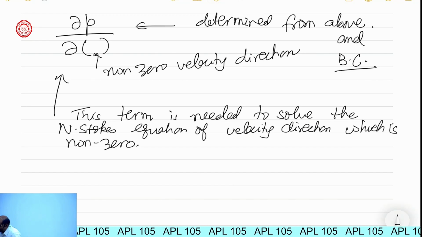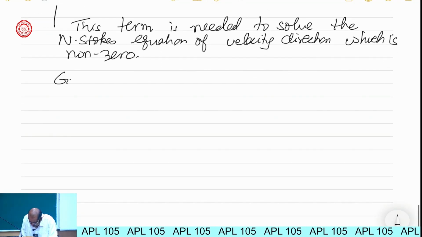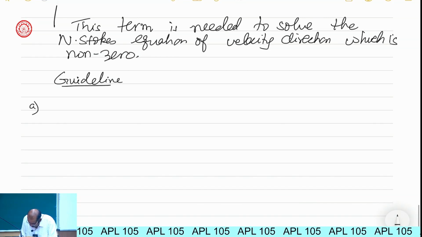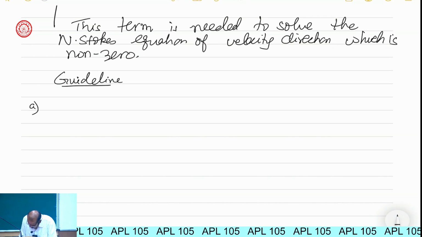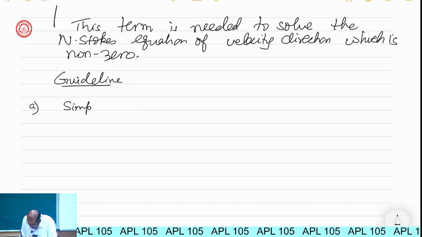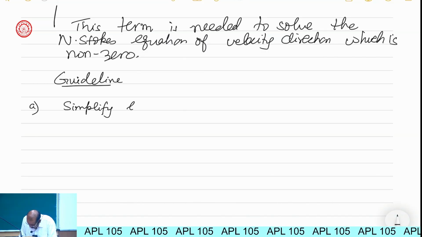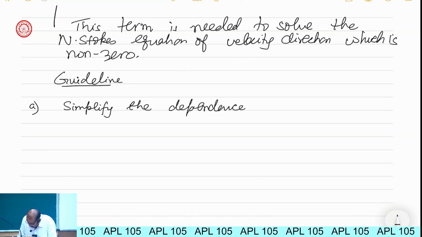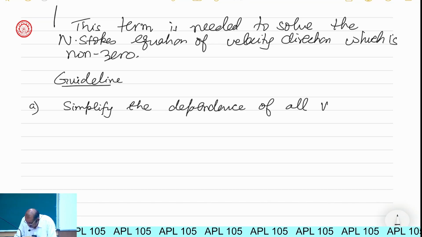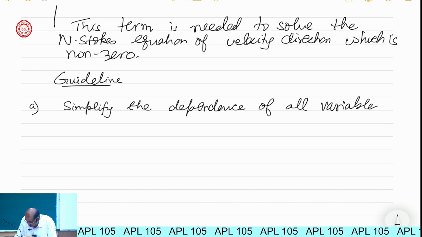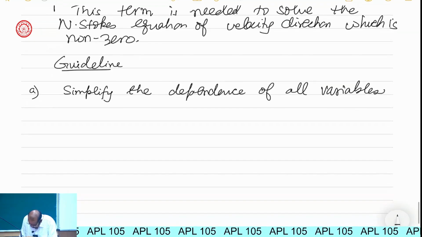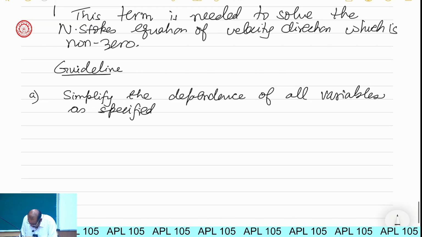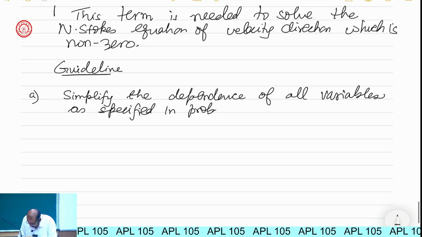So the guideline here: firstly, simplify the dependence of all variables as specified in the problem.